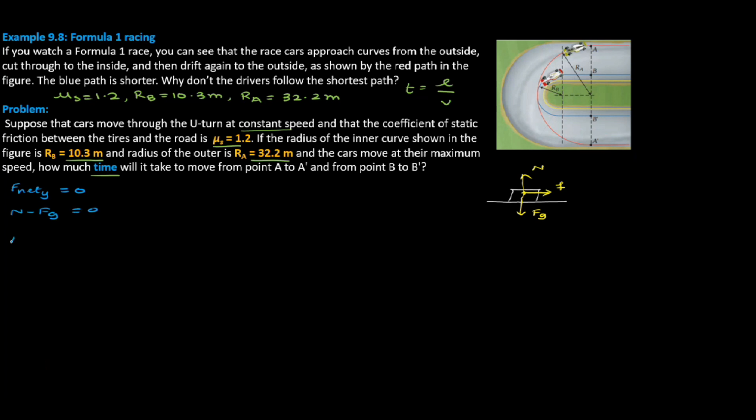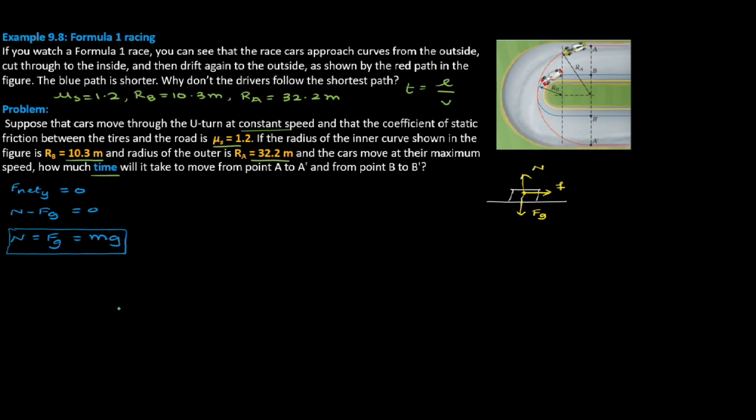Or we can write the normal force to be equal to Fg when we move Fg to the other side. And Fg, we know it is equal to m times g. So the normal force is equal to the force due to gravity numerically, which is m g.